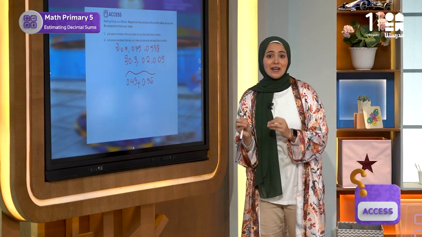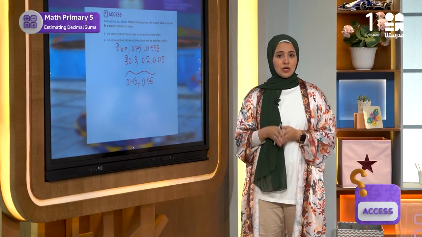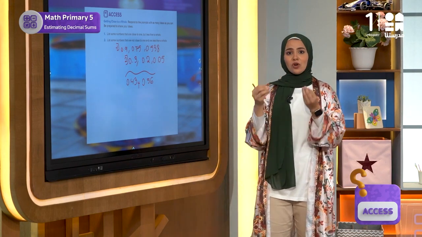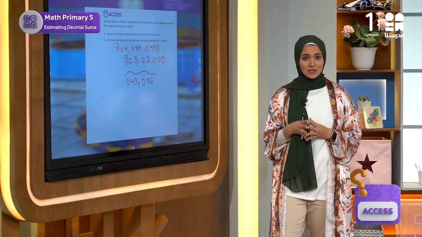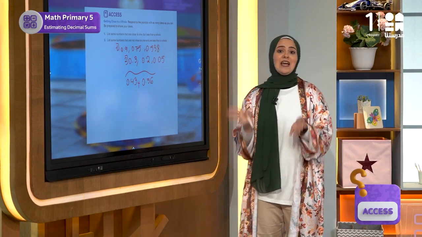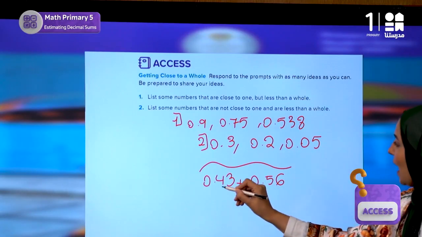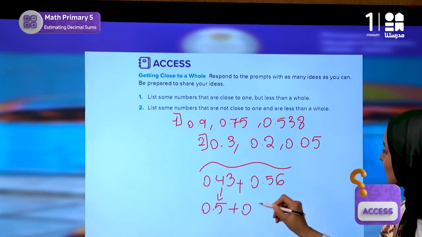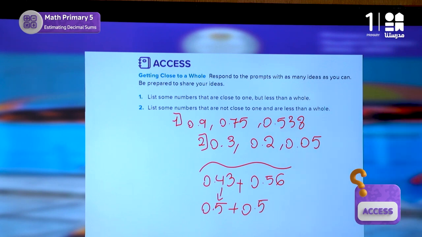And we can write them as 500 and 5,000 and so on. Why? Because they are all considered benchmark numbers. We can estimate each of the 2 numbers to be 5/10. So, I can write this as 5/10 plus 5/10, and the estimate will be a whole 1.